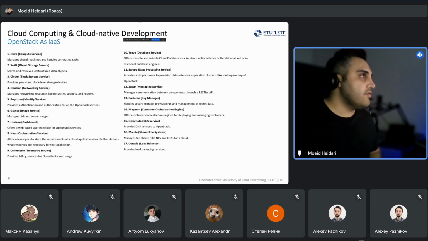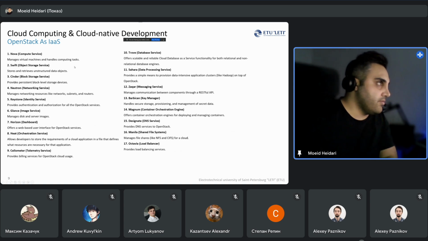And yeah, Nova is a compute service, and then we have Swift, which is an object storage service, works as an S3 bucket storage system, like what we have called S3 for Amazon. Here you can use Swift to have this S3 bucket system. So you don't need to deploy any other services like MinIO, for example, to support this S3 object storage system.